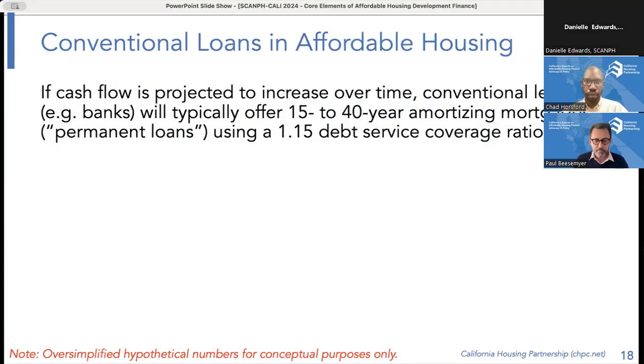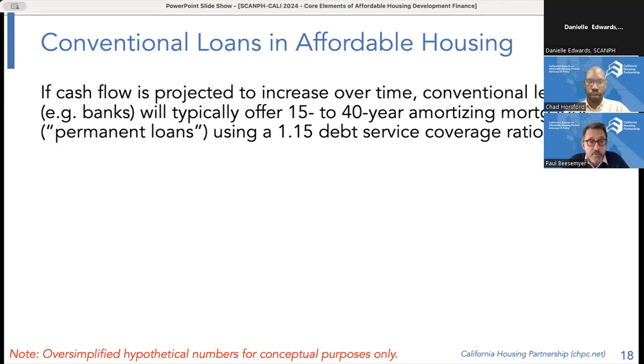So the place that everybody will turn first, of course, whether you're a market rate developer or an affordable developer, will be debt, will be a mortgage. We have some net operating income, so what can we support?